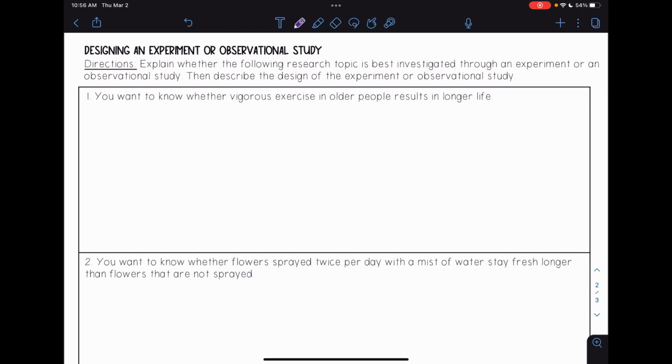So that means for the treatment group, I would have to make these older people do vigorous exercise, which might not be possible for those who are already unhealthy. So that means it's not ethical to assign individuals to a control or treatment group. I can't make someone that's unhealthy do vigorous exercise. So because of that, this is going to be an observational study.